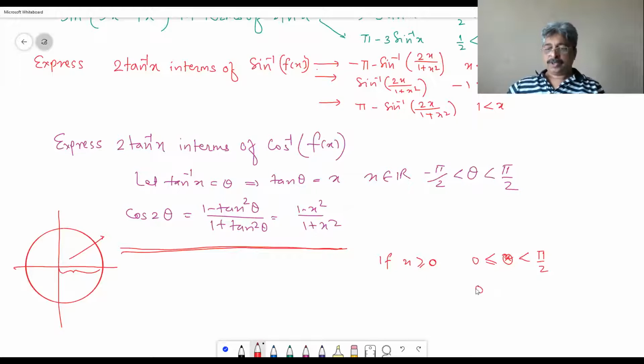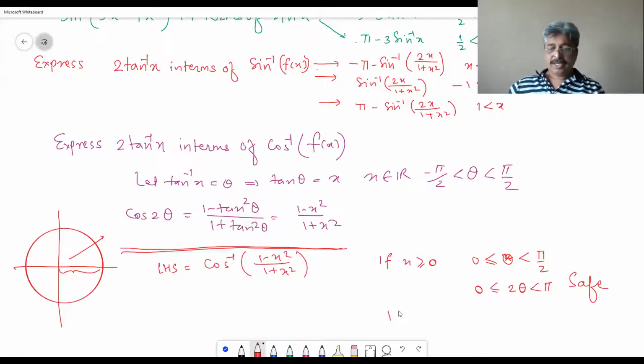Okay, and therefore 0 less than or equal to 2 theta is less than pi, safe. So if x is greater than 0, the angle is between 0 to pi by 2, and 2 times the angle is between 0 to pi, therefore safe case, and hence 2 times theta, that is LHS, is equal to cos inverse of (1 minus x square) upon (1 plus x square).